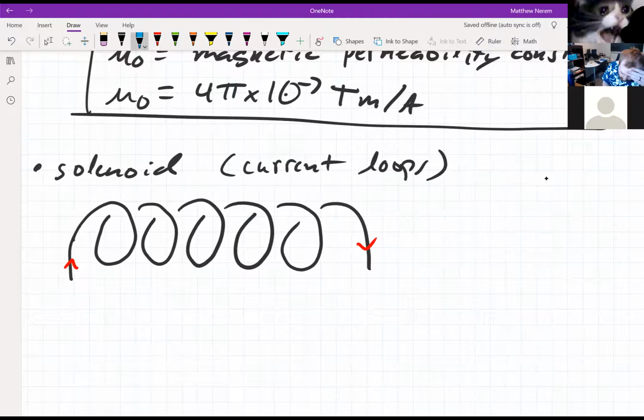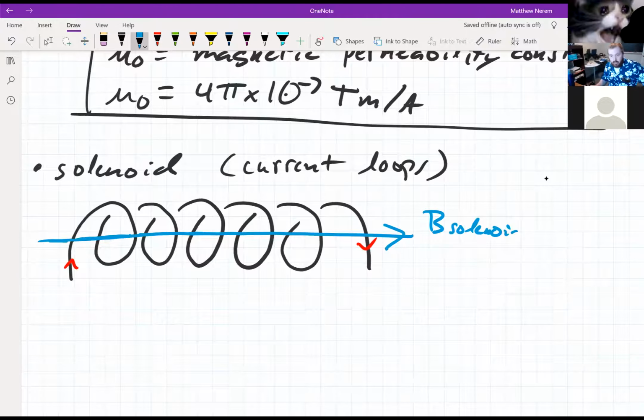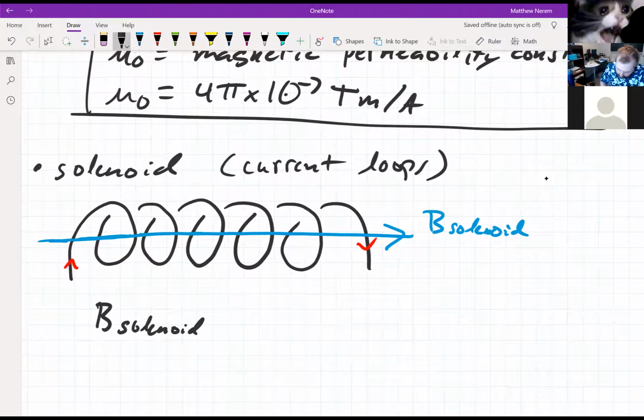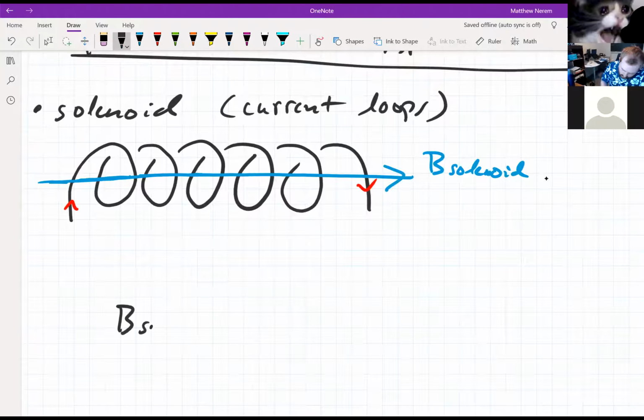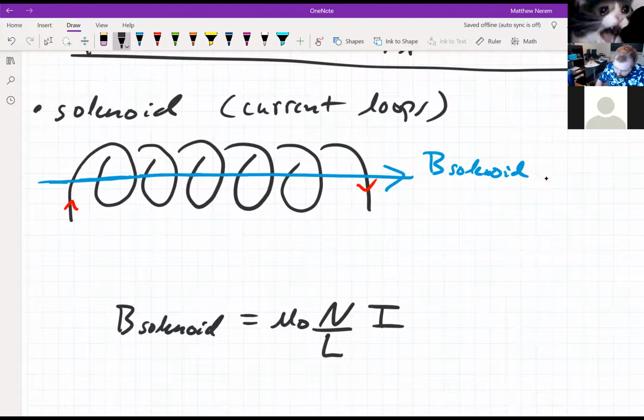So that is a magnetic field. Let's not be fancy. So the solenoid needs some space. The solenoid goes as mu naught N over L I.